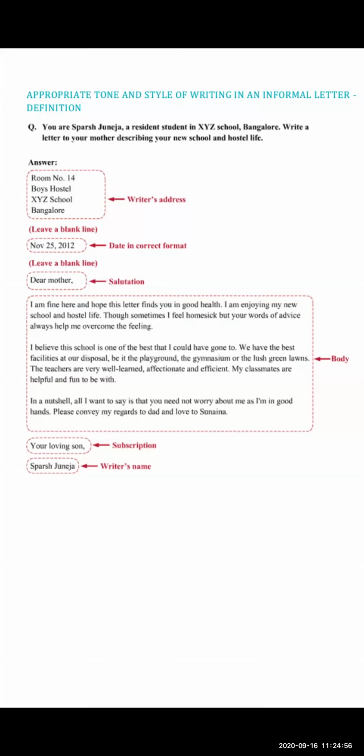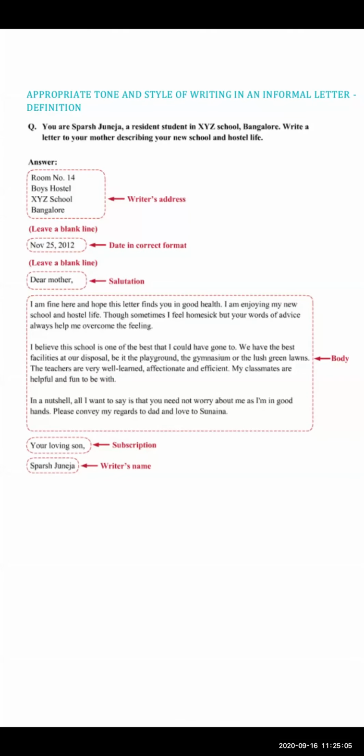Okay, so see, first the sender's, means the writer's address: room number 14, boys hostel, XYZ school, Bangalore. After that you need to skip one line, leave a blank line.